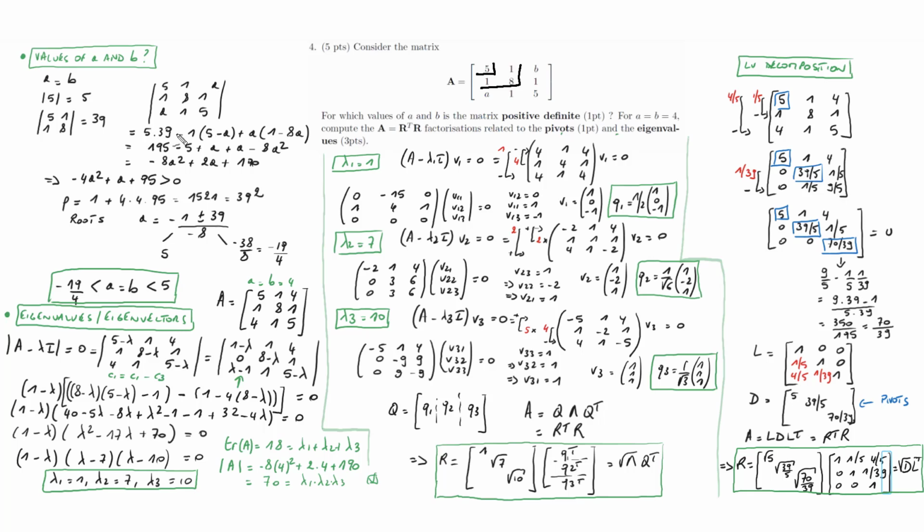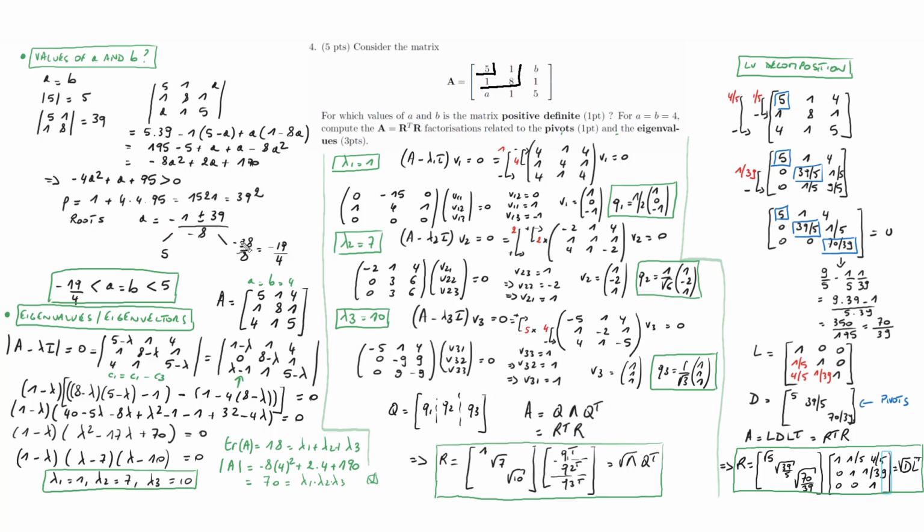If you compute it, we've computed it based on the first row, this is what you obtain. This determinant has to be positive. So what I've done is imposed that it's positive, and I've divided the equation by 2. So this is what you obtain. You can compute the roots of this second order polynomial over here, and they are 5 and minus 19 over 4.